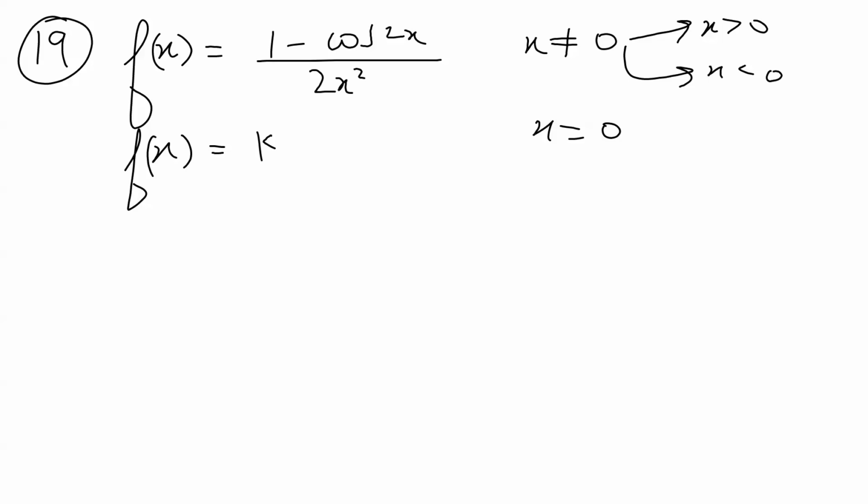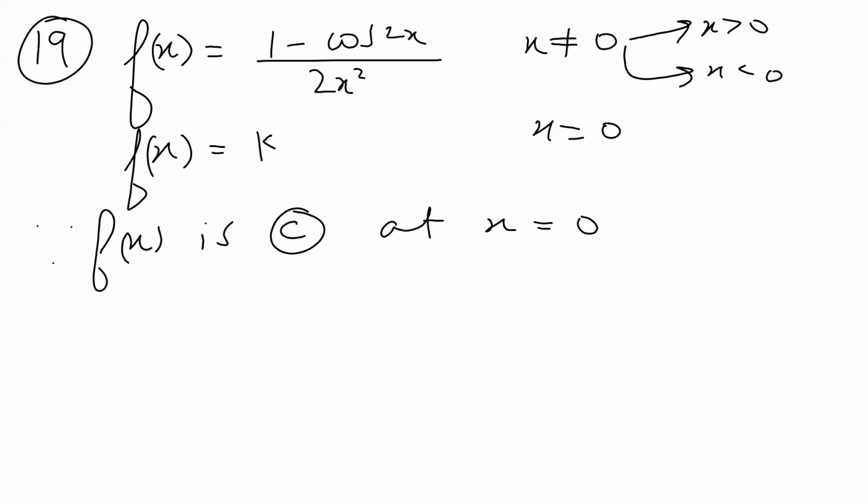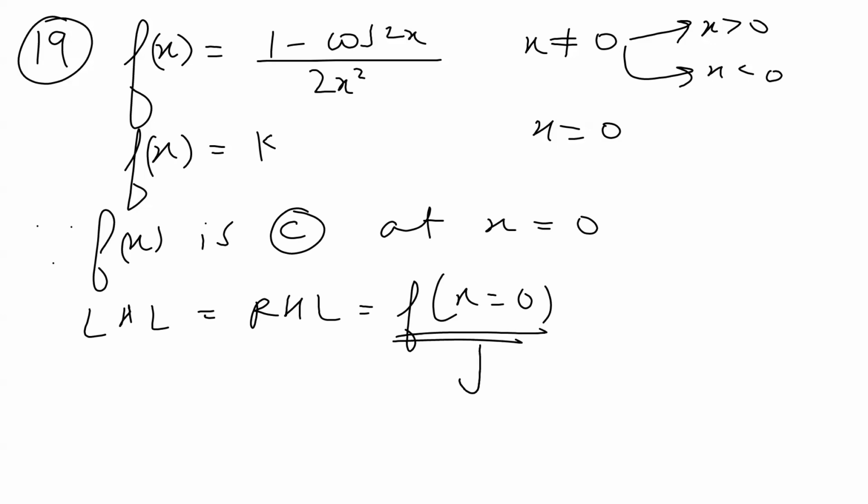So we'll just write, since f of x is continuous at x equal to 0, LHL equal to RHL is equal to f of 0. f of 0 is nothing but k.